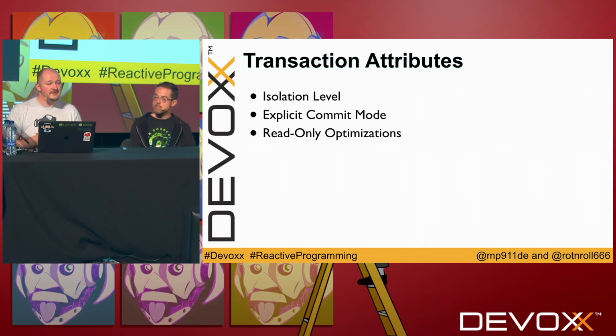Auto-commit mode is as well a transaction, but this applies only to a single action. I can insert, update or delete something, and even a select opens a sort of transaction. But as soon as I want to apply multiple of these statements, I'm no longer able to use auto-commit mode, otherwise I can end up with an inconsistent state.